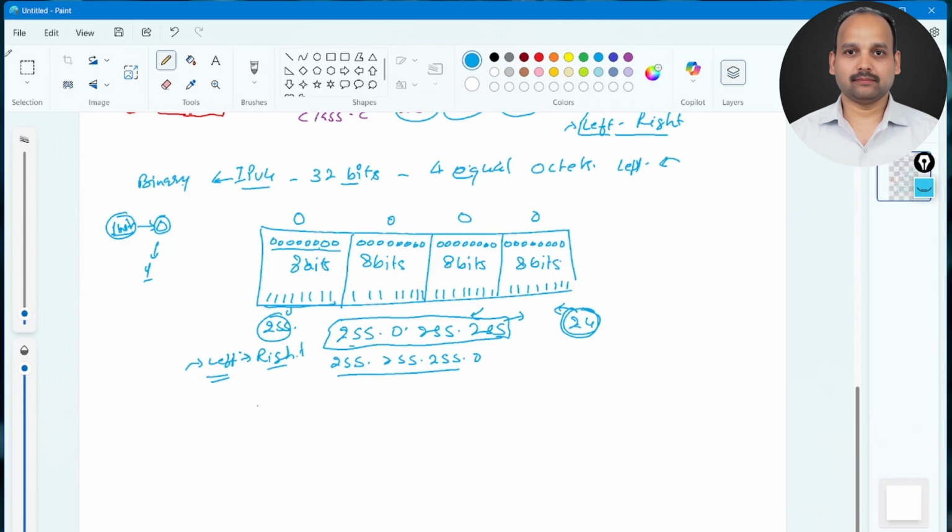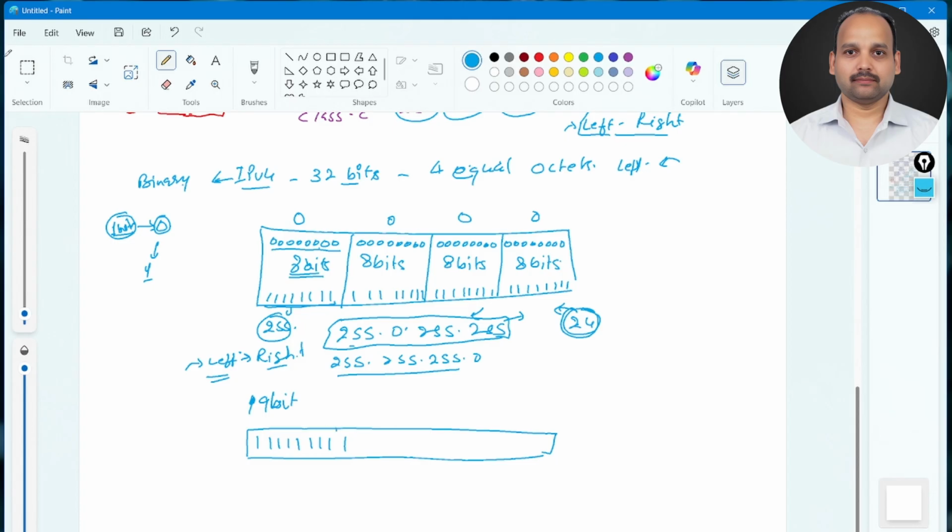If anyone gives you a 9-bit subnet, that means 1, 2, 3, 4, 5, 6, 7, 8 and 9. You already know that in IP version 4 the maximum in an octet is 8 bits.